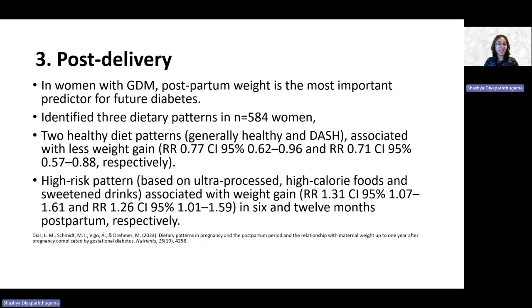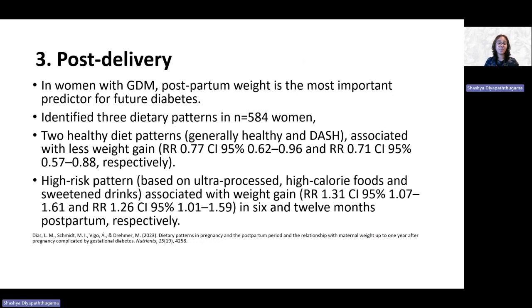So this study identified different dietary patterns and how that is associated with weight gain or weight loss. The healthy dietary pattern, that is a generally healthy diet with more fruits and vegetables and low saturated fats, low sugars, and also a DASH diet, is associated with less weight gain.